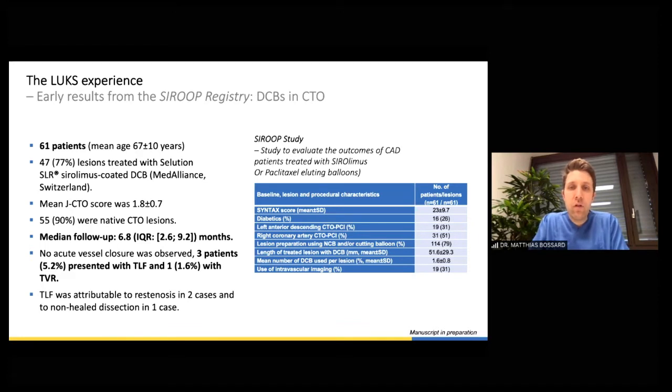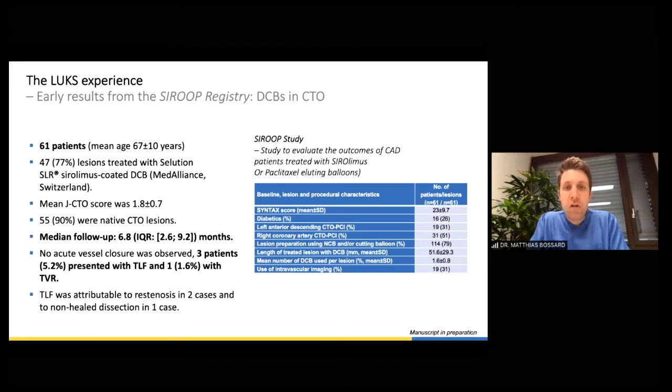That's an abstract which we hopefully are going to publish soon. We collected the 61 most recently treated patients who underwent CTO PCI at our site, and we found that 47 of those cases were treated with a SELUTION drug-coated balloon. The mean JCTO score wasn't that high; it was just 1.8, and those patients have a follow-up of approximately 6.7 months now.